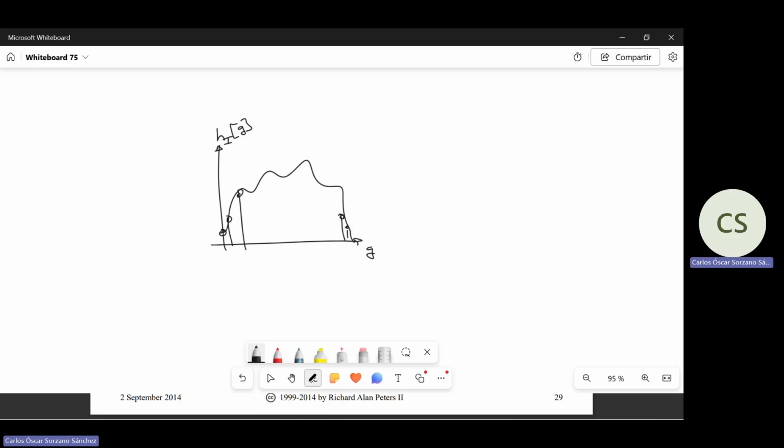So if I sum the histogram for all gray values from b equals 0 to 255, what should I get? Pixels, the number of pixels. So this should be RC, and in general, I will call it the area of the image.